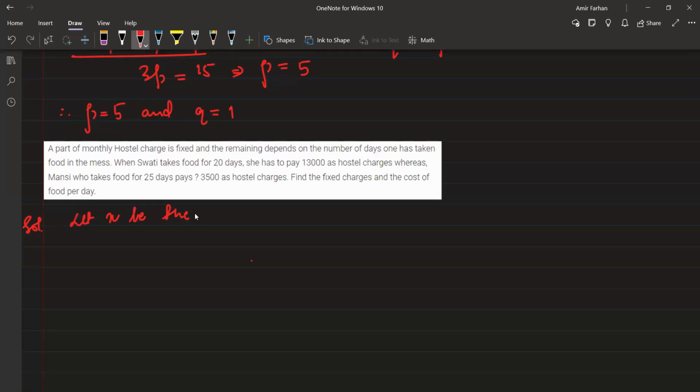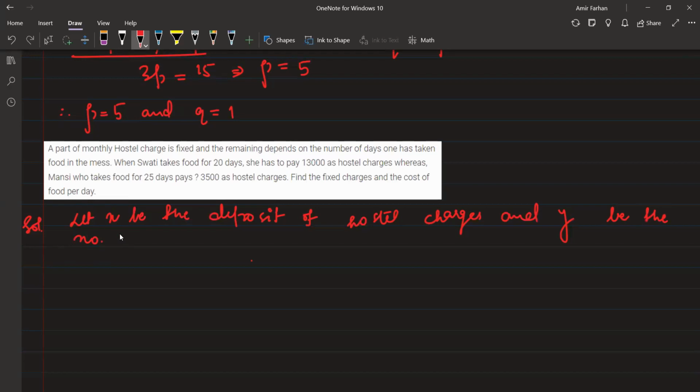Let x be the deposit of hostel charges basically, and y be the number of days in mess.